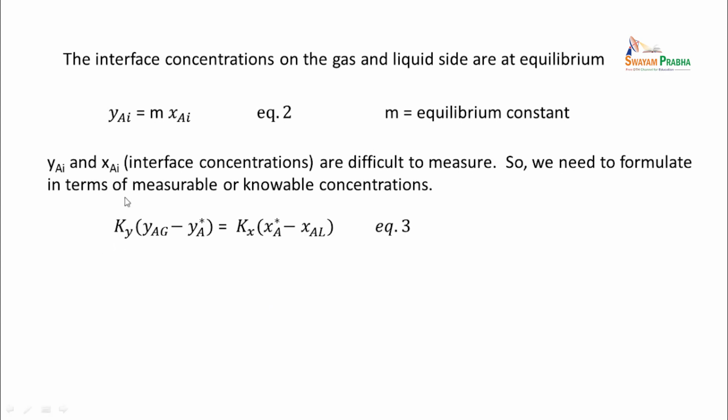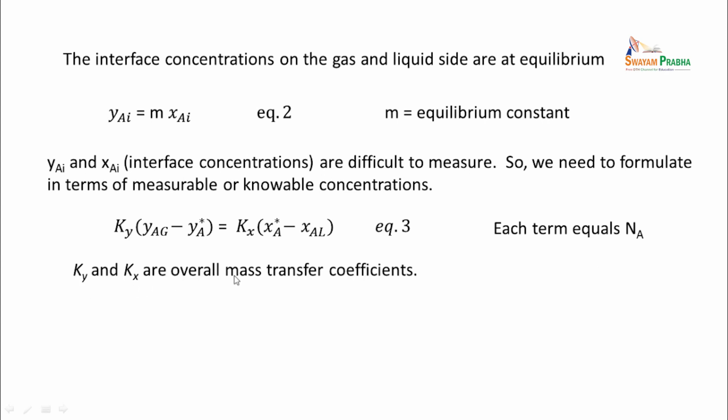The overall transfer coefficient times YAG minus YA star equals, on the liquid side, Kx times XA star minus XAL. In a minute I will tell you what the star means. Let us call that equation 3, and each term of course equals NA.